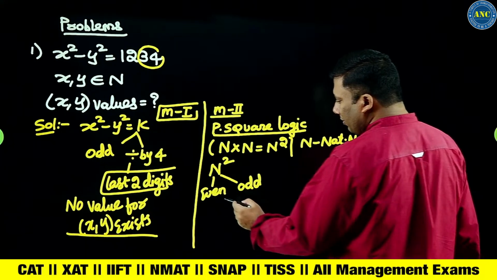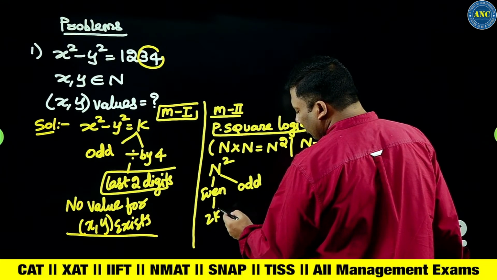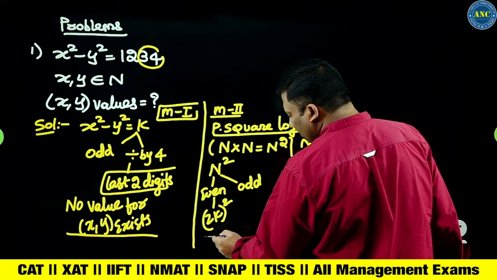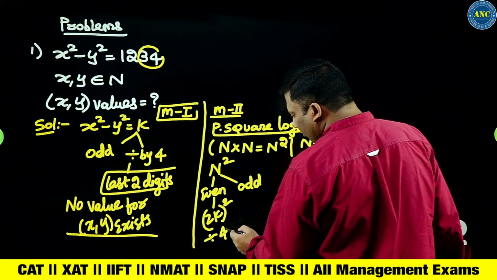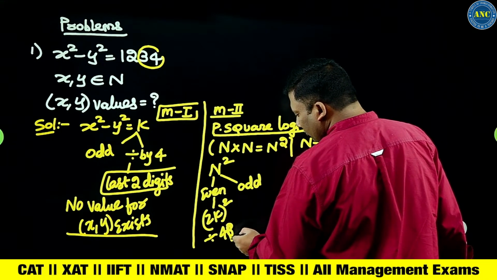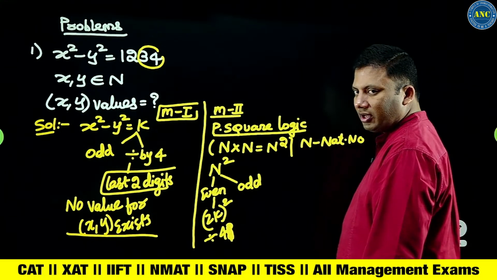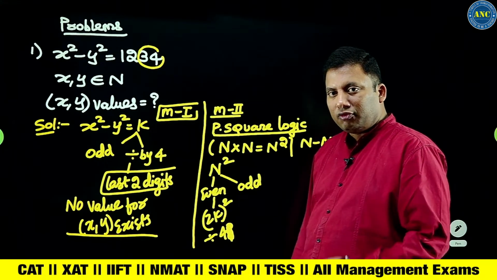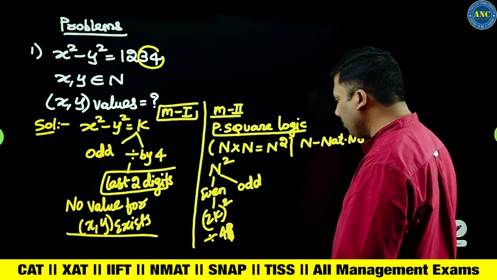Even number means it is divisible by 2, so the square is divisible by 4. 2k whole square, 2 square is 4, and 4 into anything is divisible by 4.